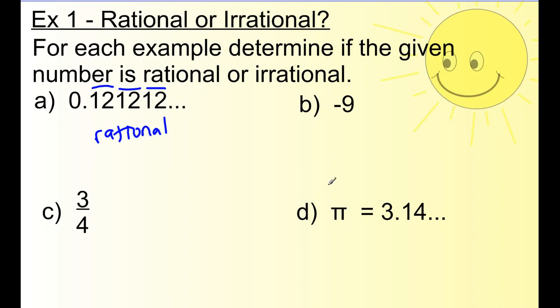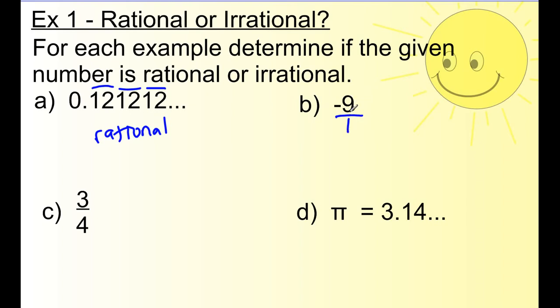Letter B. Is this number rational or irrational? So you should be thinking to yourself, can we write this as a fraction? And the answer here is yes. You can write this guy as a fraction pretty easily. Any whole number, to turn it into a fraction, you put it over 1.